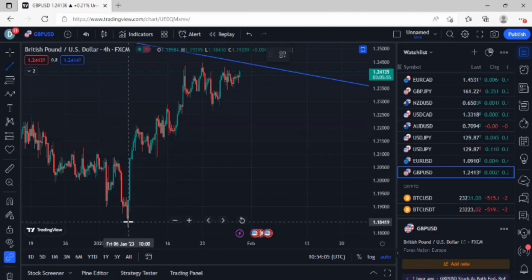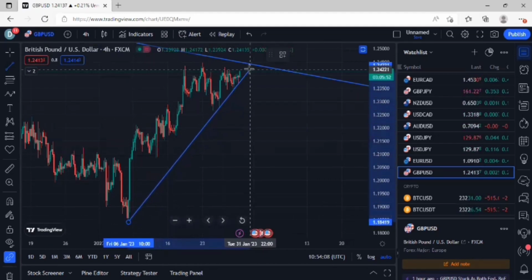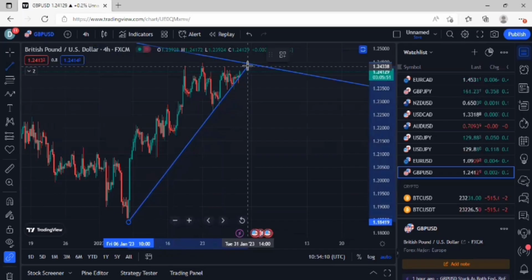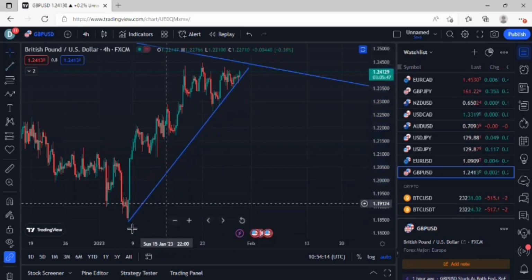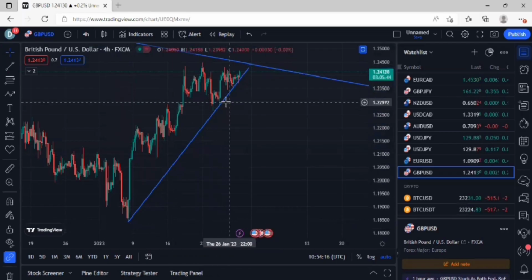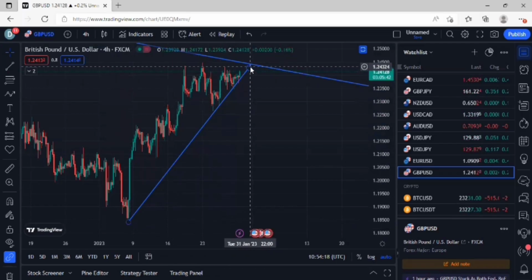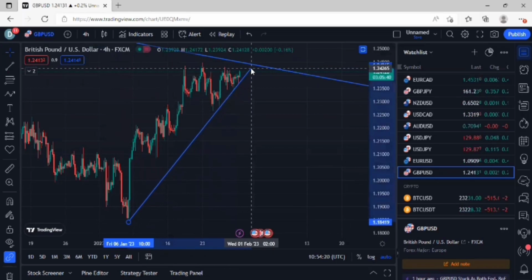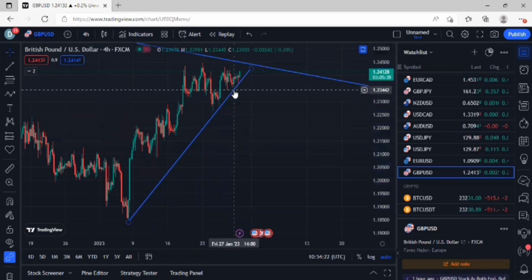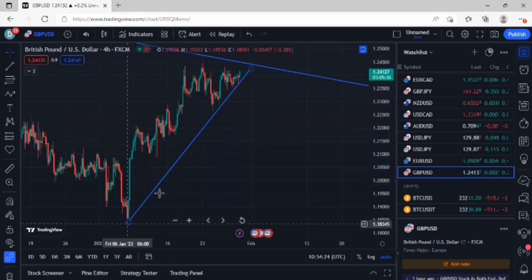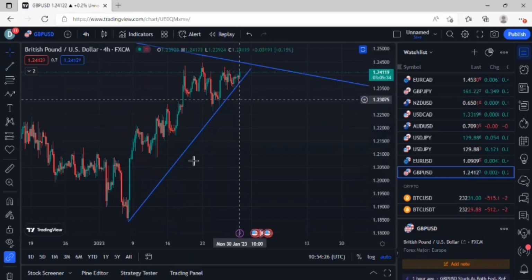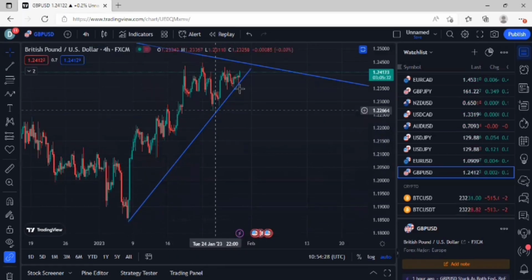If you're able to pick at least two lows together, you have one here, you have two here. This is the last one, this is the most external. You're able to pick one, you're able to pick two, so we say we have uptrend here.